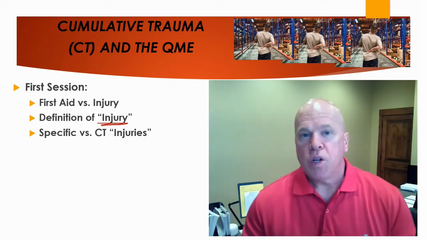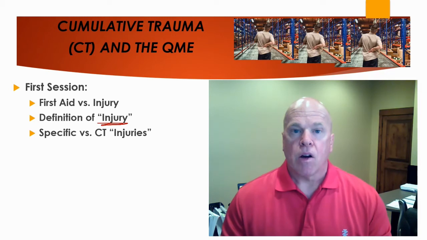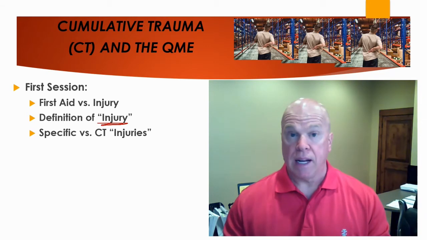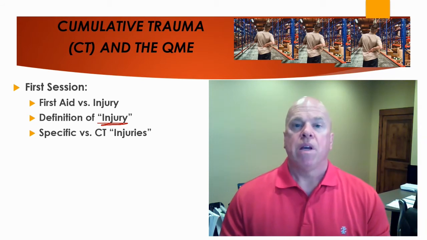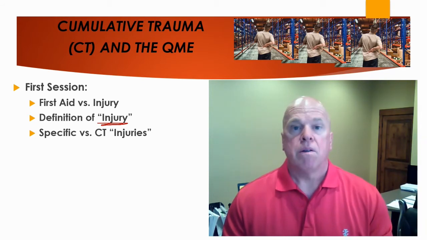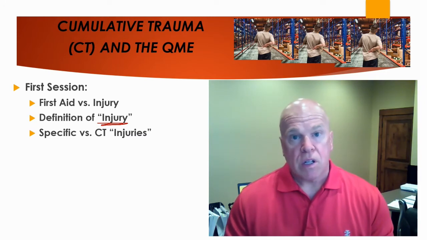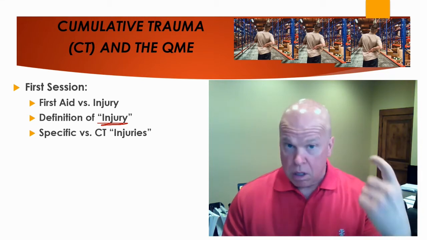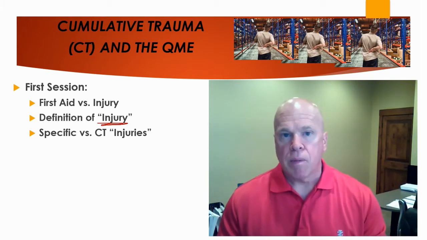And then once we identify an injury, which is a condition that causes either work disability and or a need for medical treatment, once we have identified an actual injury, then the determination boils down to whether or not that injury can be traced to a specific incident of injury, or whether the injury qualifies as a cumulative trauma injury, which is due to repetitive physically or mentally traumatic activities extending over a period of time, which cause, number one, work disability, and or number two, a need for medical care.